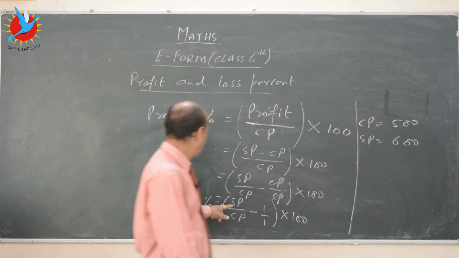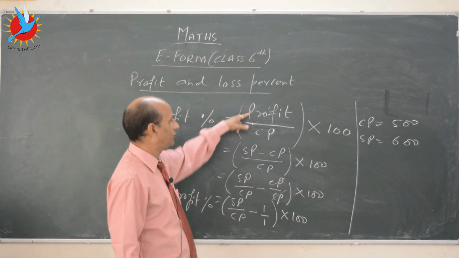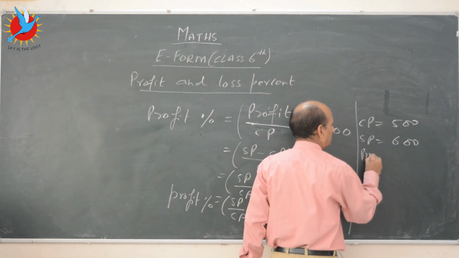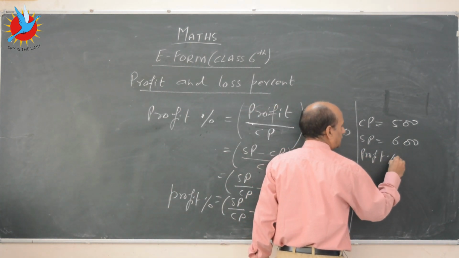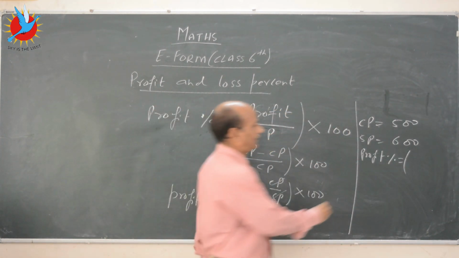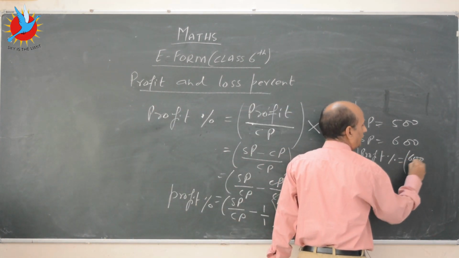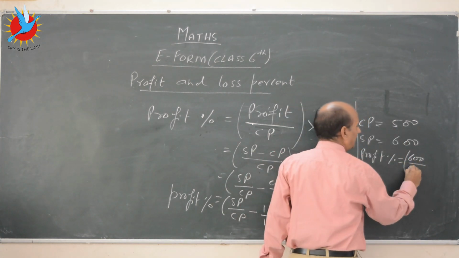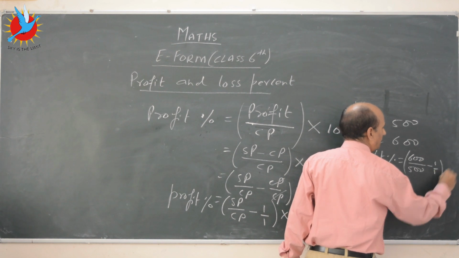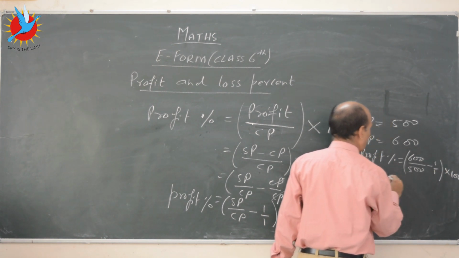So first use this formula instead of using this. How to find profit percent is equal to, what is SP? 600. What is CP? 500, minus 1, multiplied by 100.